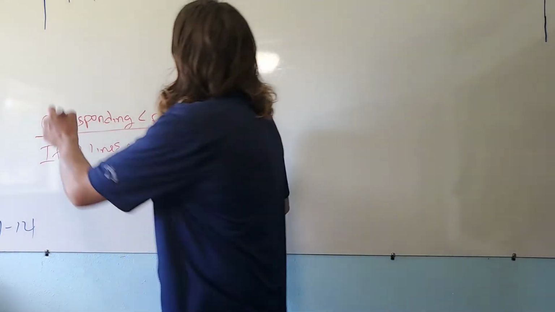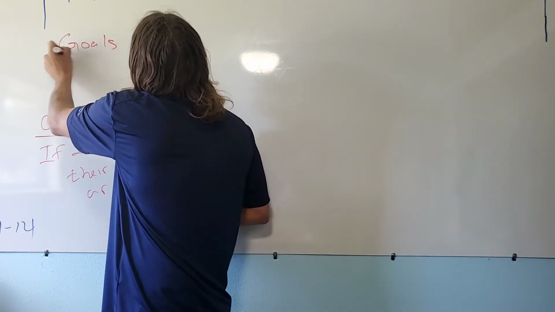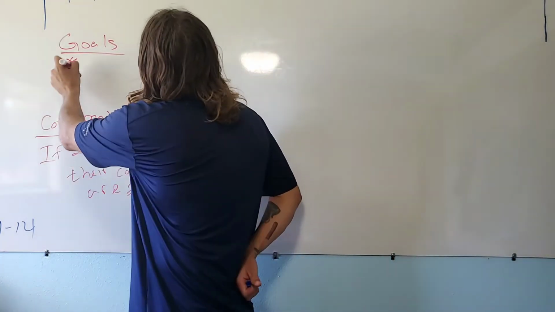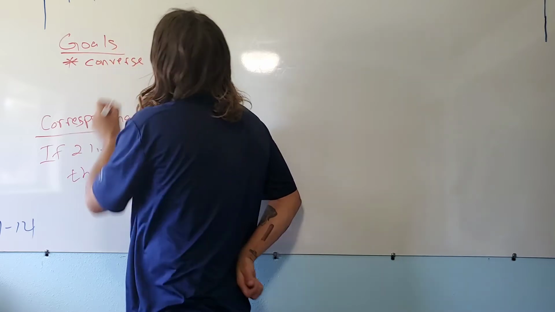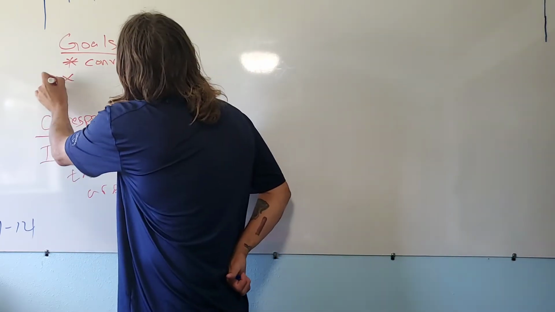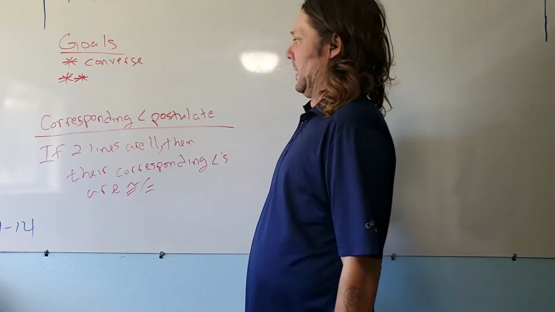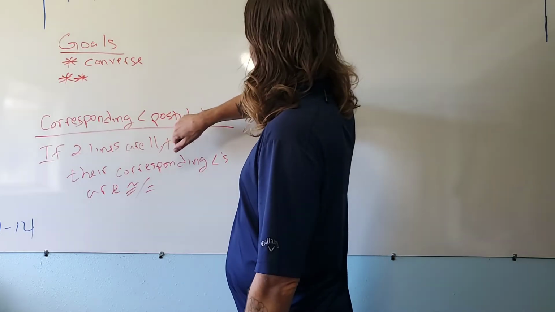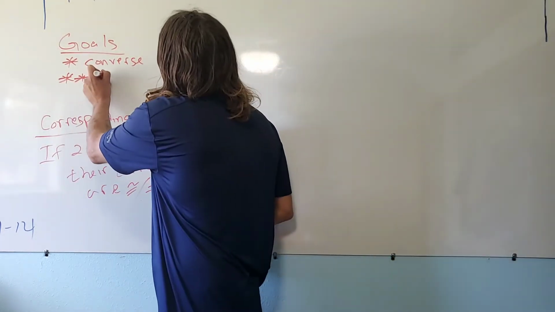So let's see here, our goals. The first thing I'm going to discuss is the concept of a converse. The second thing I'm going to discuss is the converse of the corresponding angle postulate.